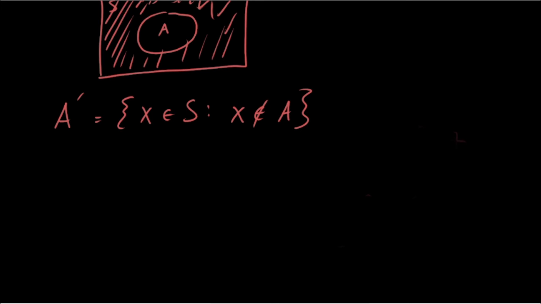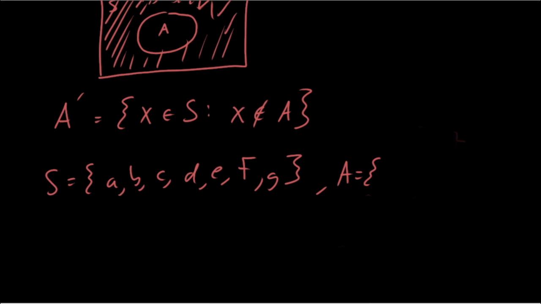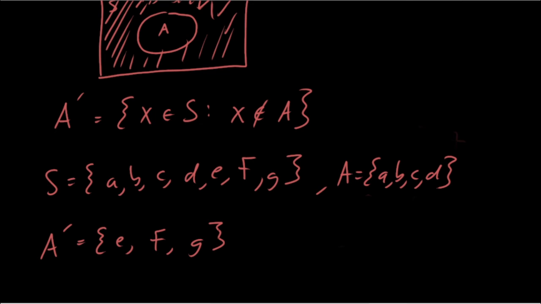If S is equal to {a, b, c, d, e, f, g} and A is equal to {a, b, c, d}, then A complement would be {e, f, g}. Just all the stuff in S but not in A. That's the complement.